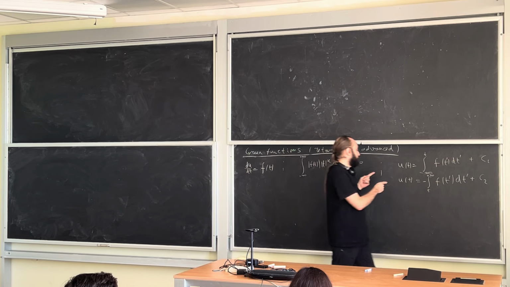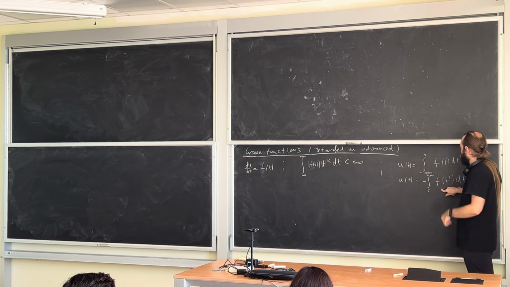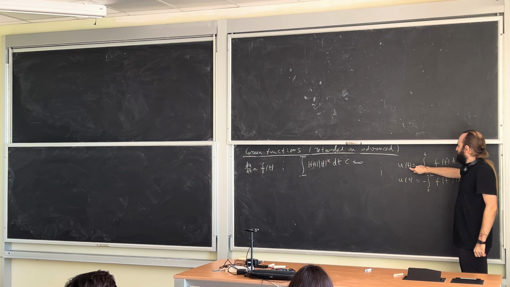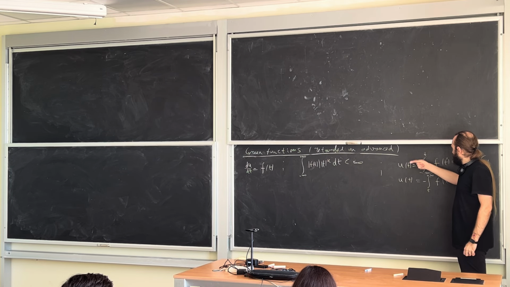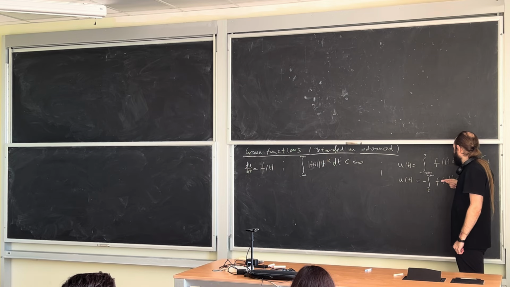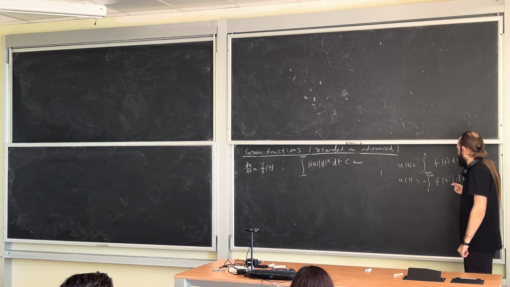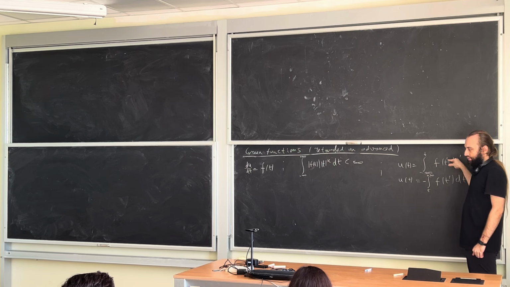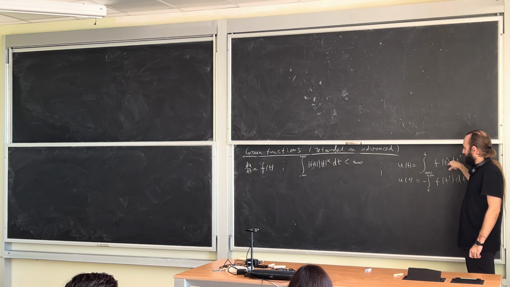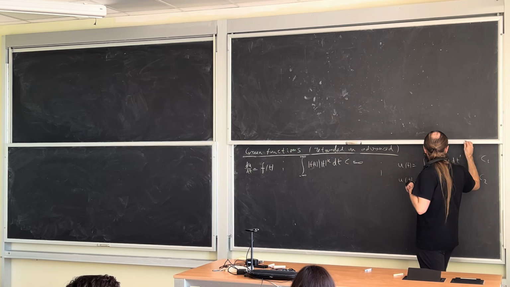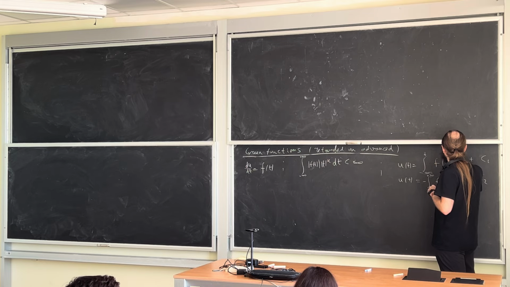The main difference between the two is that in the first case our solution depends on the values of f at all previous times, and in this case it depends on the values of f in the future. So here t' is greater than t. This is called retarded, this is called advanced.